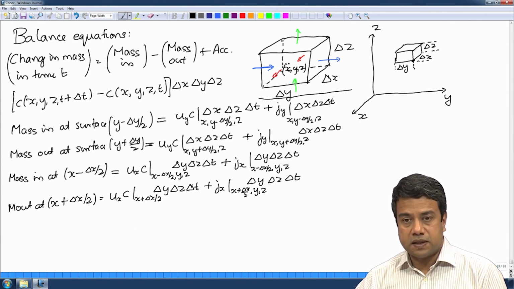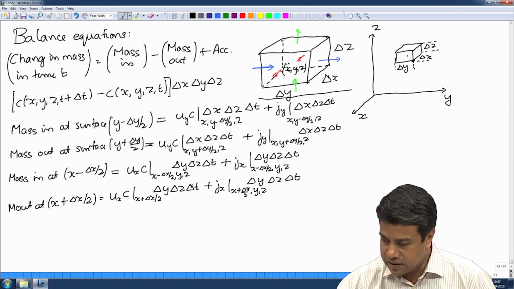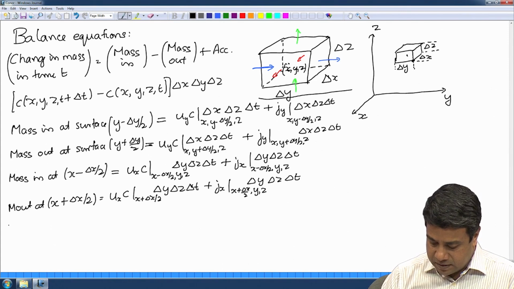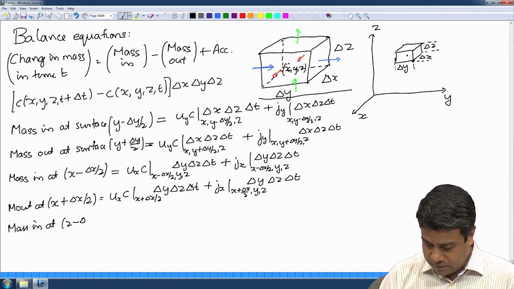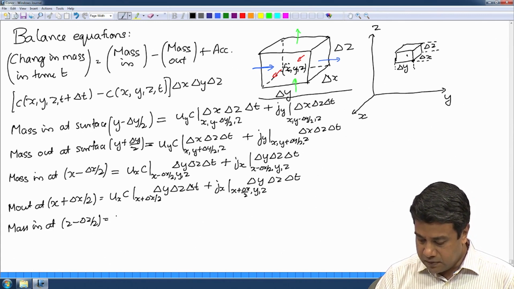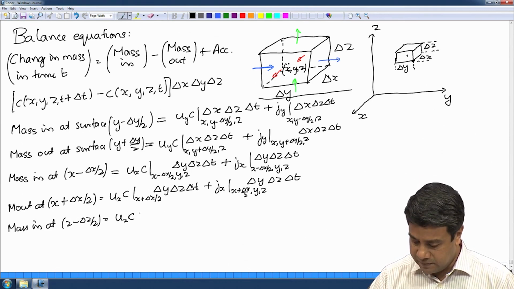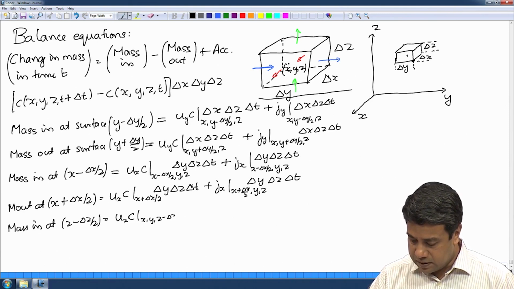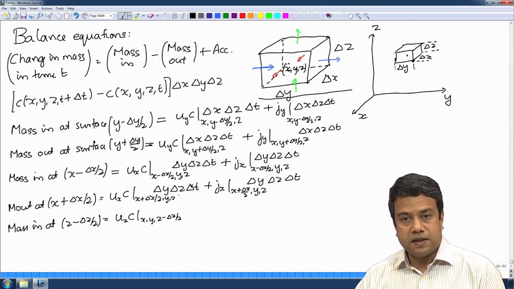And now you can do it for the top and the bottom faces. The bottom face is at z minus delta z by 2, because the center is at x, y, z. The mass in there is equal to uz, that is the perpendicular velocity to the surface, times c at x, y, z minus delta z by 2, times the area.